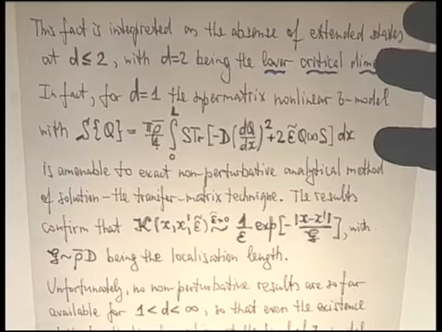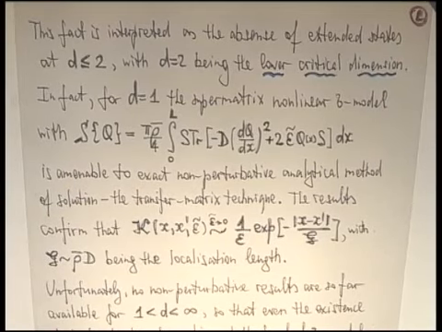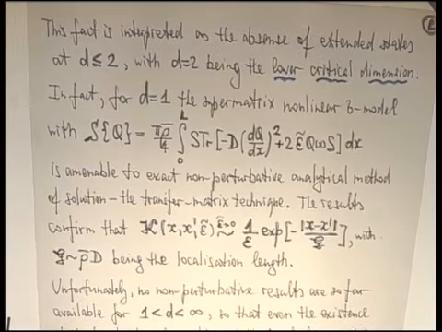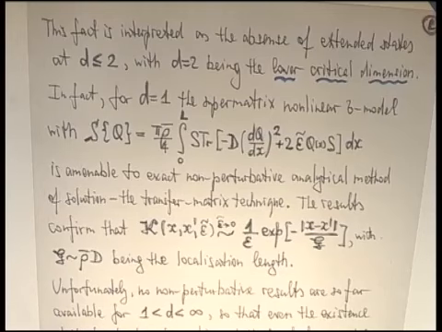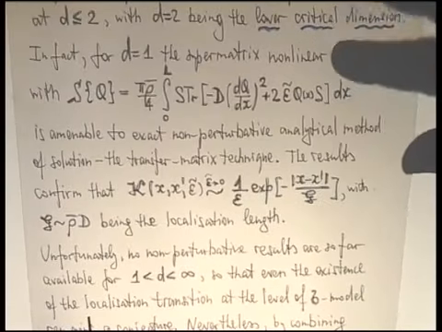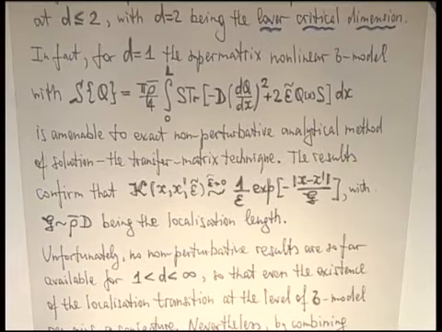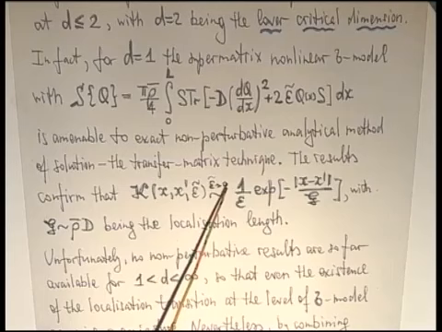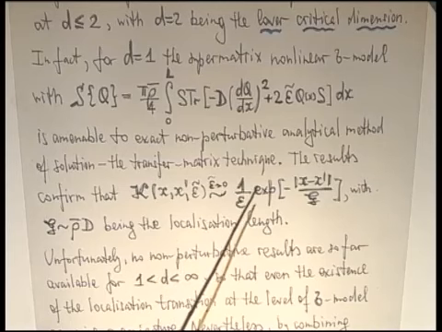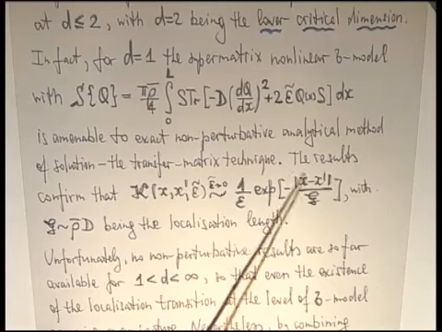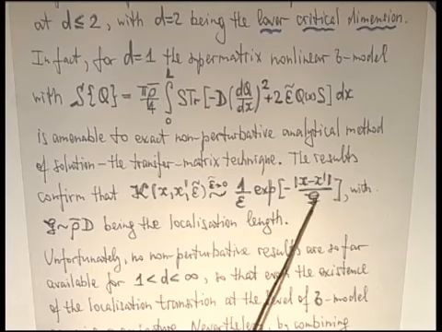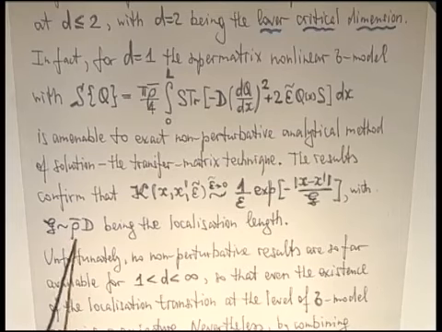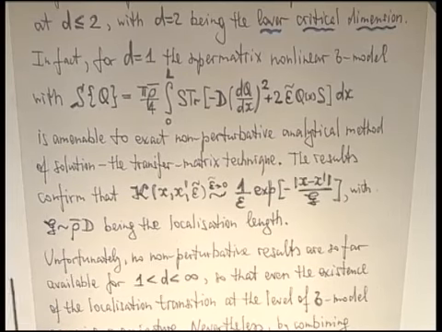In this situation, one even can solve it exactly. And one finds that for 1D, basically this correlation function behaves like we expected for localized phase. It just decays exponentially with characteristic length psi, which is proportional to diffusion constant.